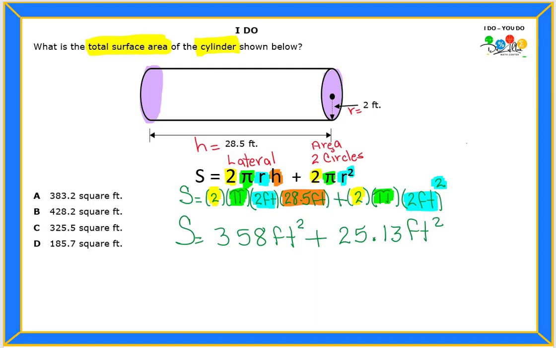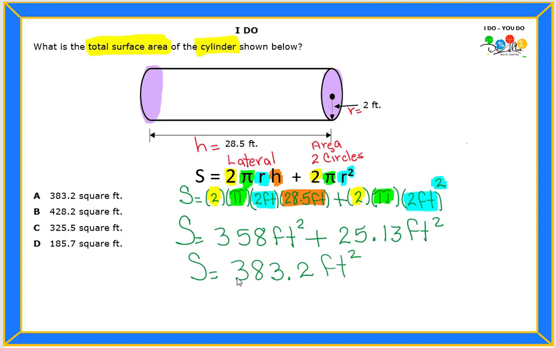Okay? If I add up my numbers, I am going to get 383.2. Okay, so look at the answer choices and see if you can find the one that goes with this one. Okay, so I got 383.2.